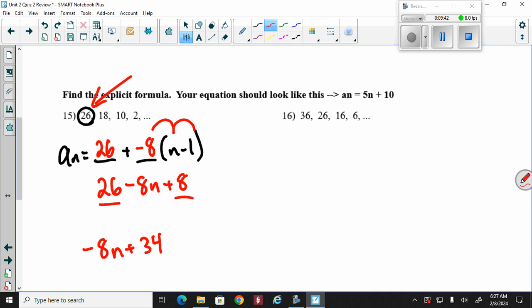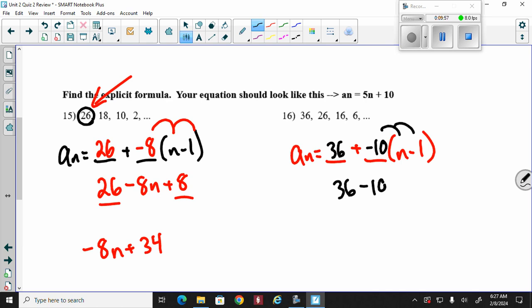Okay? All right. So again, I don't have the answers here. I'm just going to solve it real quick without really talking much. Subtracting 10, 36 minus 10 and plus 10. Combine the first, combine the last, negative 10n plus 46.